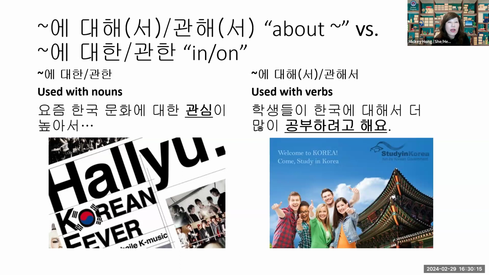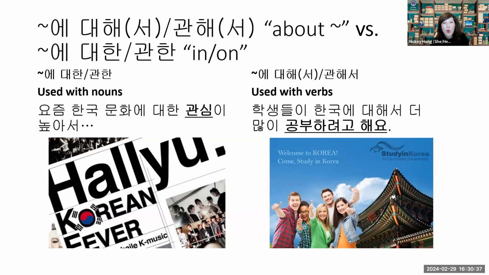요즘 한국 문화에 대한 관심이 높아서, because we don't know the rest of the sentence, but because there's a lot of interest in Korean culture lately, 학생들이 한국에 대해서 더 많이 공부하려고 해요.